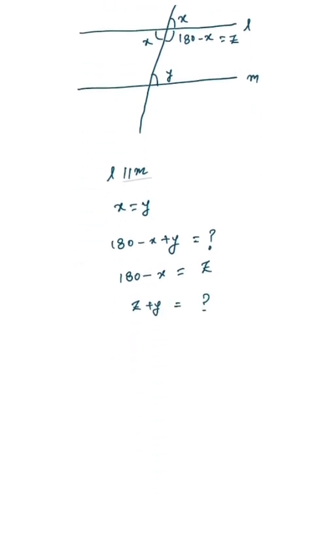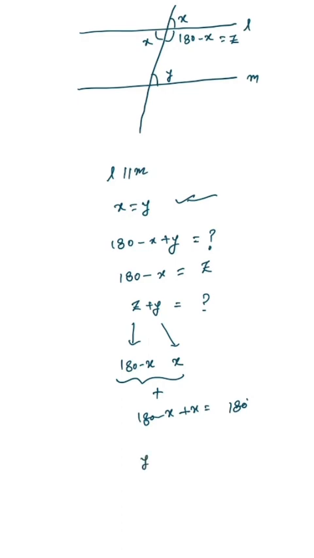Since G is already 180 minus X and Y is equal to X because these two are corresponding angles, their sum will be equal to 180. So whenever we have such two pairs in parallel lines, their sum will always be equal to 180 degrees.